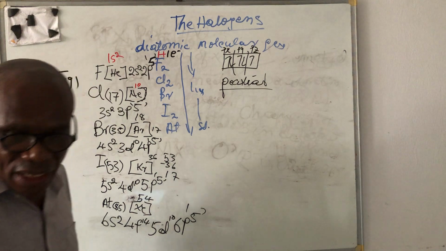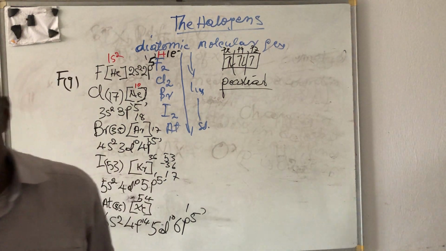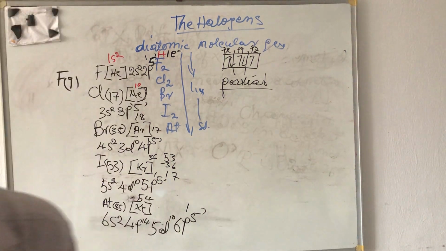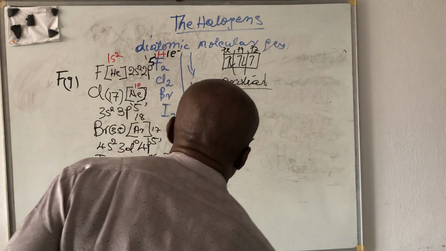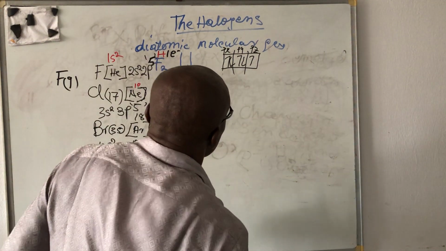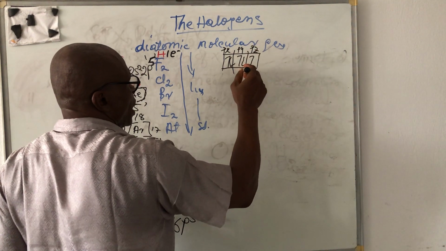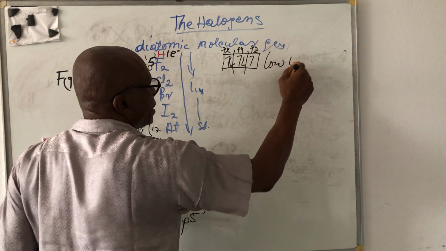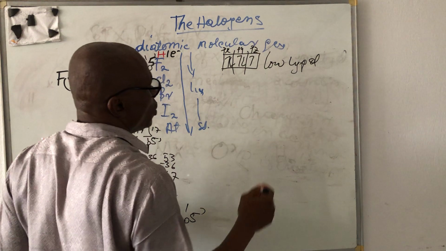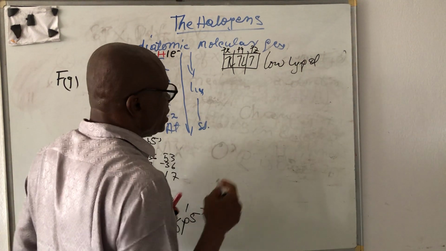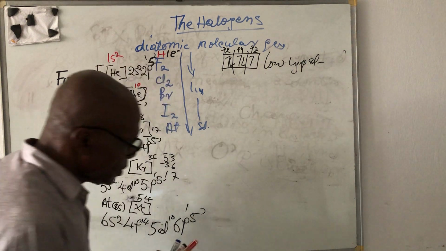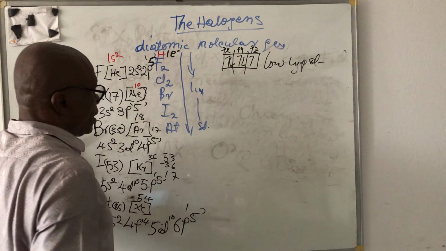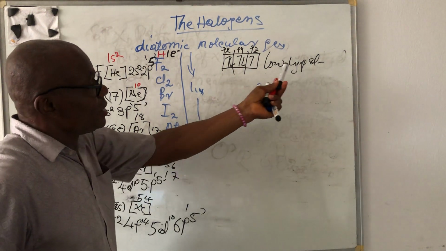For you to say they show coloration, we need to explain how they show this coloration. The fascinating coloration arises from the ability of these to absorb. Remember, behind it are low-lying d orbitals, and these d orbitals are vacant.